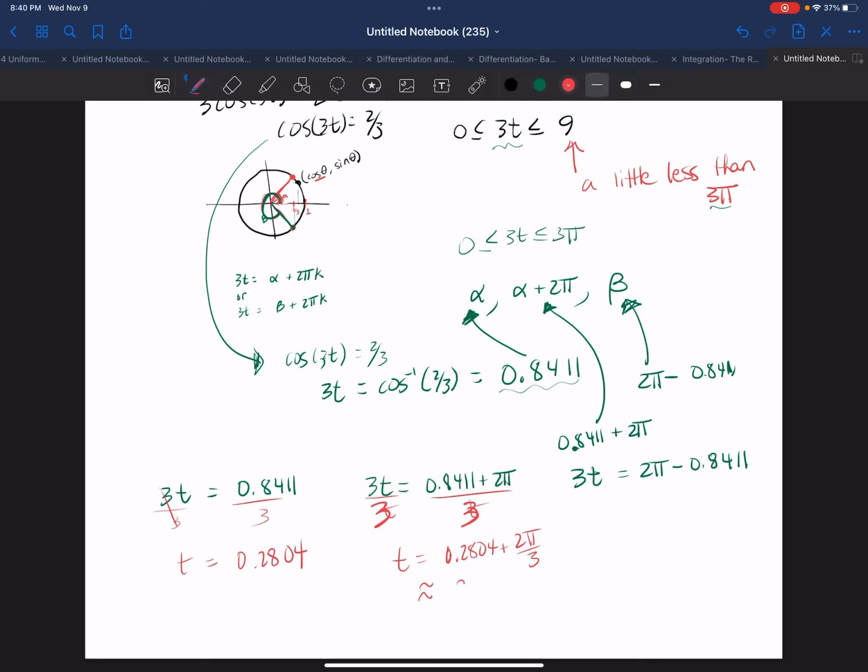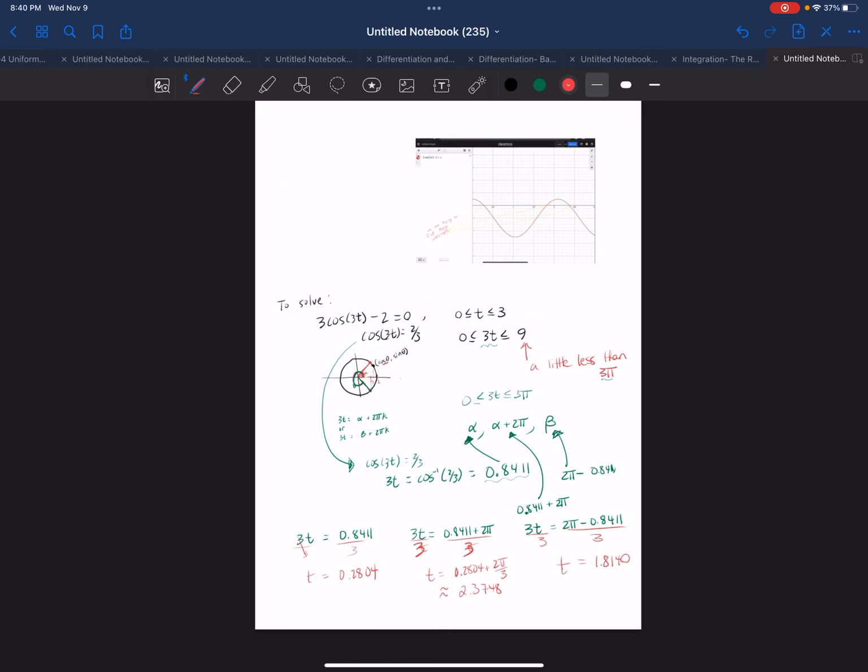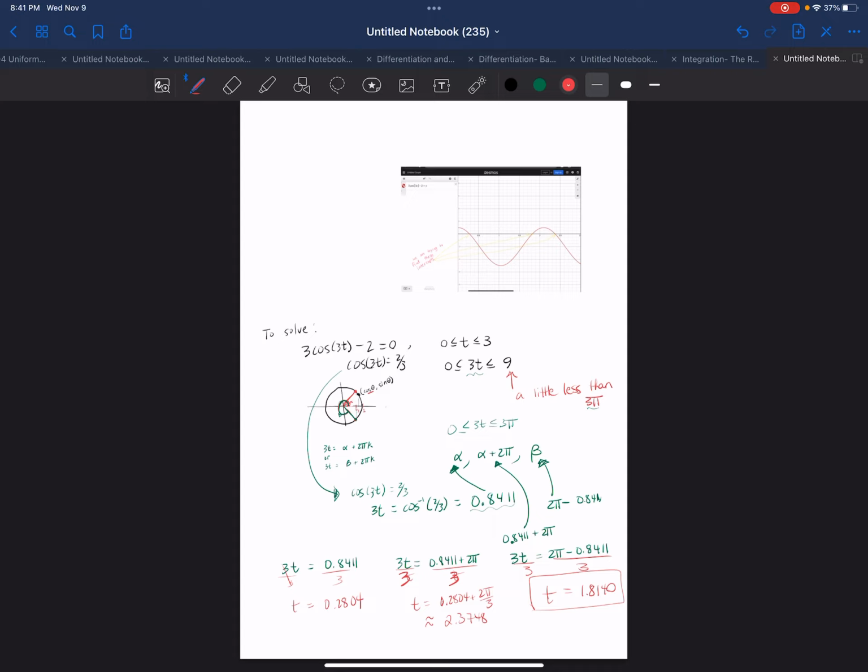Just doing this on my calculator here. And then this last one, t is approximately 1.8140. So that's how we get the 3 values.